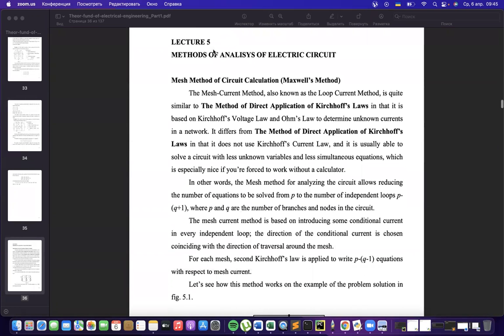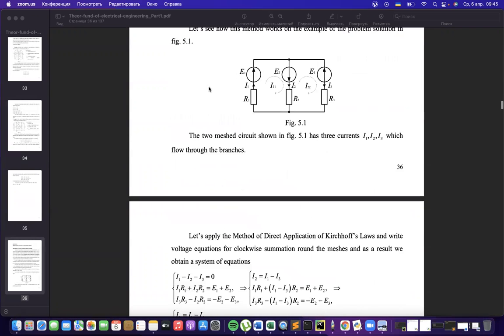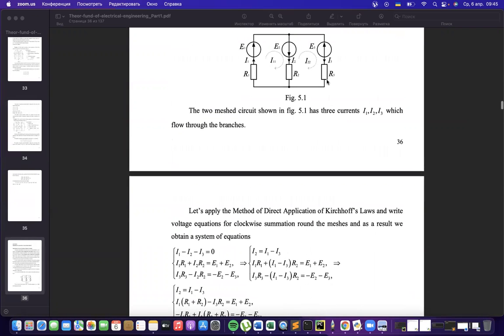First of them, the mesh method. The main idea, the substitution of the real currents that we are looking for with some imaginary values. We are substituting the real currents inside branches with some imaginary values, mesh currents, that flow on the whole mesh, on the whole combination of branches.